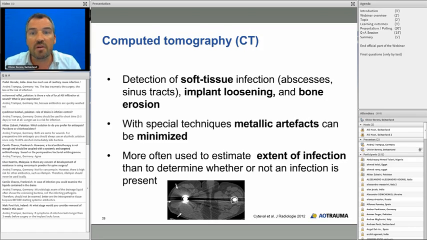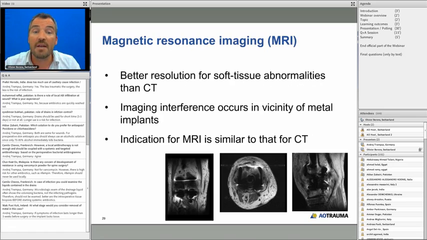And it's the same for MRI. And once again, MRI is used more frequently in longer-lasting chronic infections to look a little bit at the extent of the bony involvement, but in early infection normally it's not very helpful.